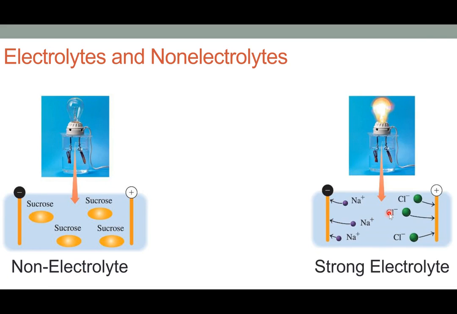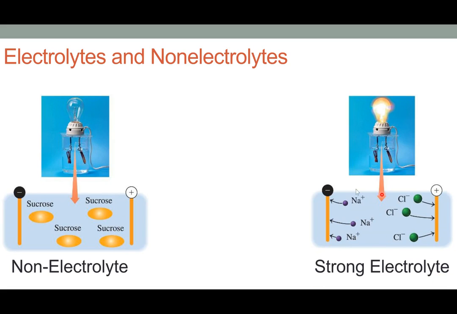Okay. Let's look at the other side of the spectrum here. So here we see salt dissolved in water. We see the same setup. Electrical current comes in, electrode, water, electrode. Here, we see that that current did go from one electrode to the other and did, in fact, light our light bulb very brightly.